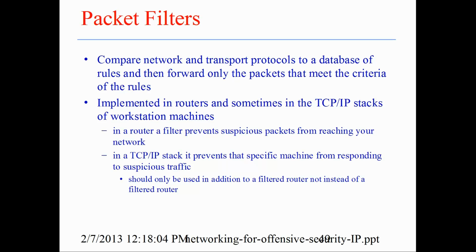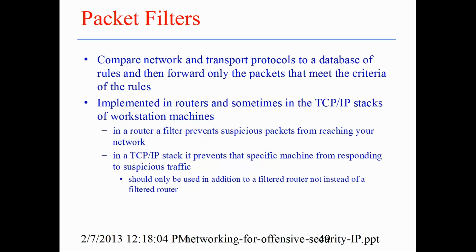So as I said, with packet filters, basically you compare the network and transport protocols to a database of rules, and you forward only the ones that meet the provided criteria, and you drop everything else without necessarily sending an ICMP reply message back to the original sender. This is usually implemented in all routers.